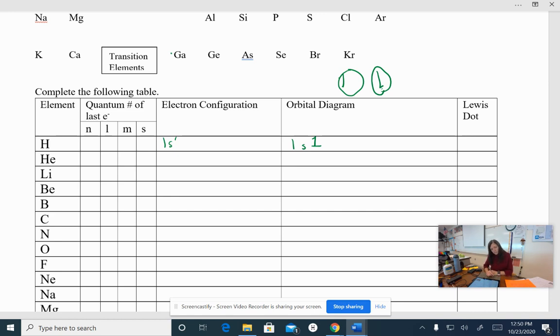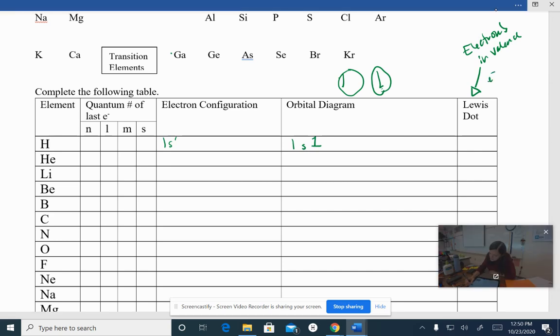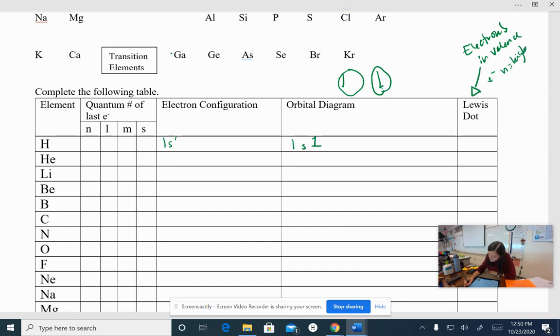Now the Lewis dot structure, we only do the outermost electrons. So these are the electrons in the valence shell, which means the electrons in the n equals highest energy level.